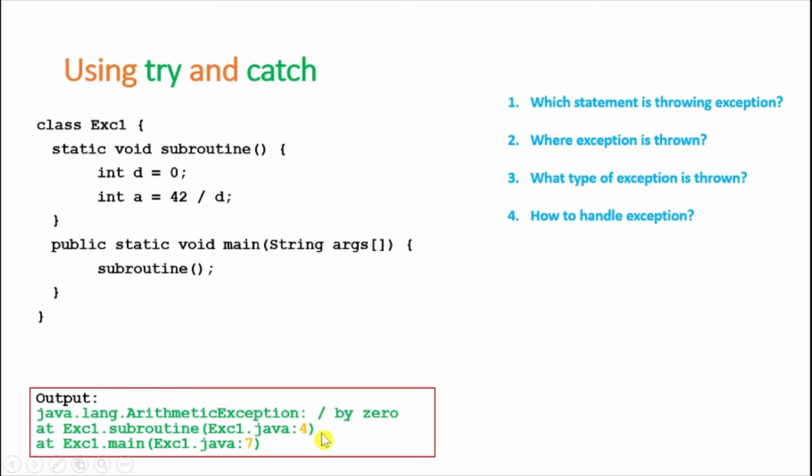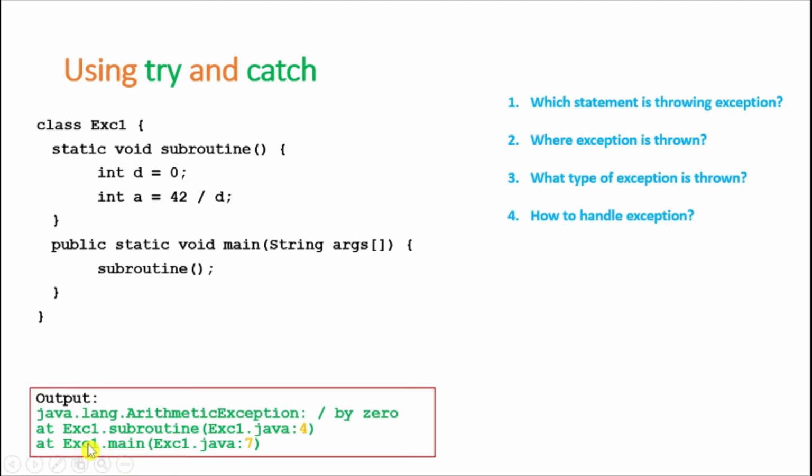Note, when you are reading exception output, read from outside to inside. That is, begin from at exe1.main and then move to the next statement inside it. Let me read it again.